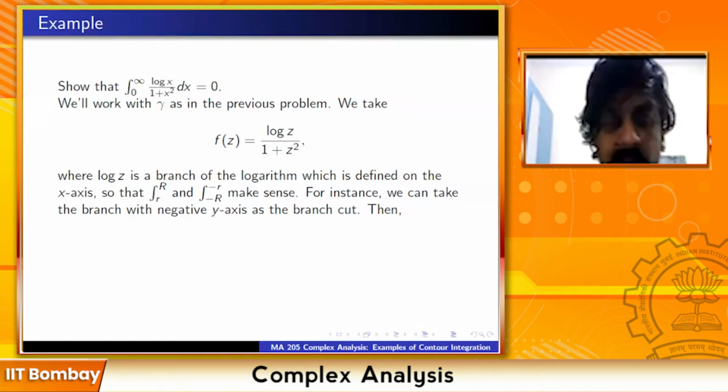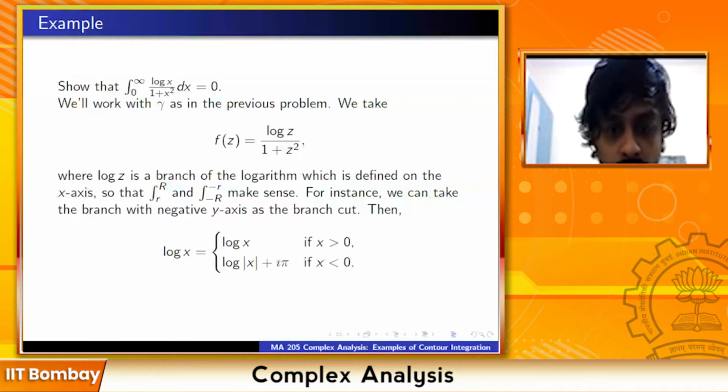On that, the logarithm can be thought of as a well-defined holomorphic function. You have a branch of the logarithm when you remove the negative y-axis, including 0. So that is what we will do. So log of x is equal to the usual log x if x is positive, and it is equal to log of mod x plus i pi if x is less than 0.